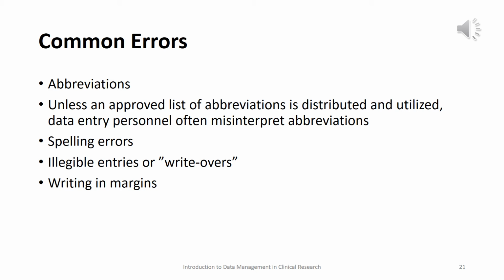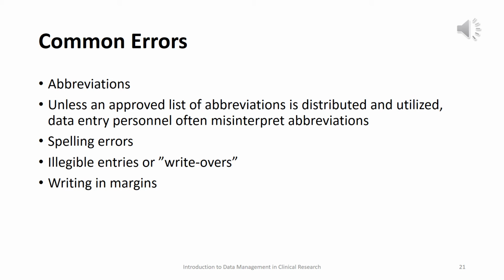We've got spelling errors. Those occur all the time. We have illegible entries, where we may have write-overs where they scratched out one response and wrote over it. So these are some of the errors that we see. And then we also see them writing in the margins of the CRF page.